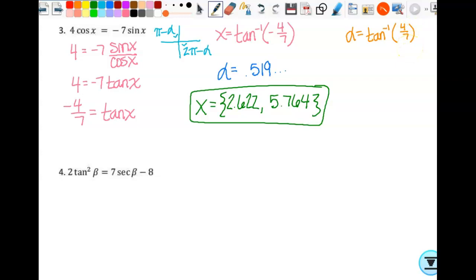So when I go to find this, I could do pi minus the tangent inverse of a positive 4/7, and that would give me this answer. And I can do 2 pi minus tangent inverse of 4 over 7, and it gives me this one.